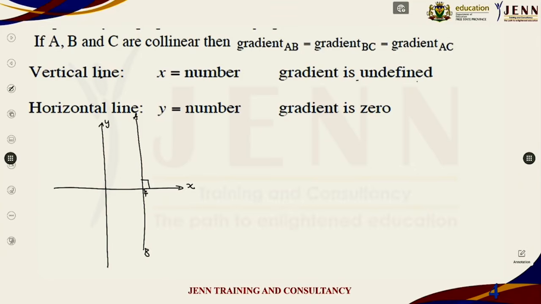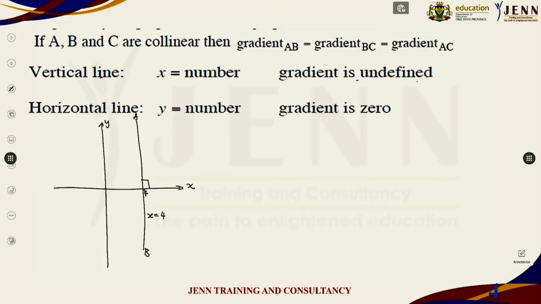Then I say, give me the equation of this vertical line AB. Because the gradient is undefined, it does not mean I do not have an equation. I do have it. What will it be? I look where my vertical line passes on the x-axis. I took 4 as an example. It means my equation will be x = 4.